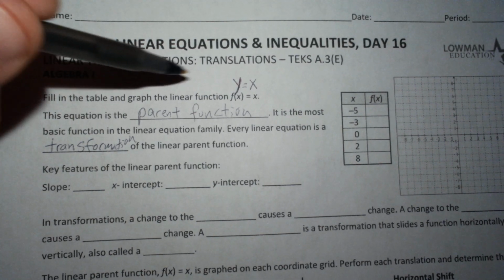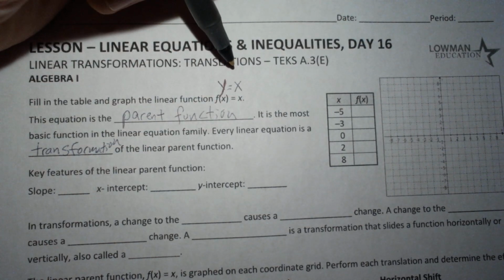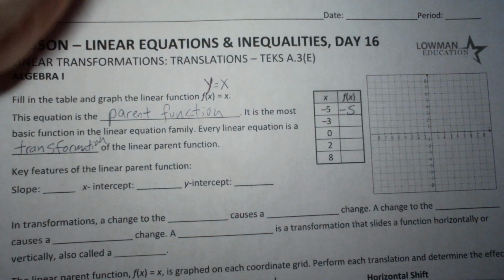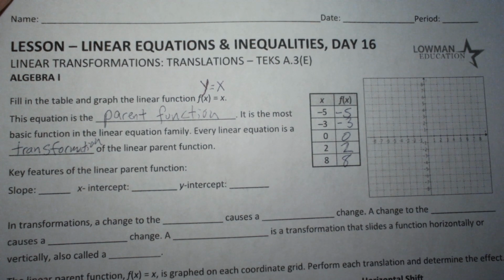So let's do this. We're going to fill in the table. If y equals x, then that means if x is negative 5, y is going to be negative 5. If x is negative 3, y is going to be negative 3, and so on and so forth. Every single point will match up there.